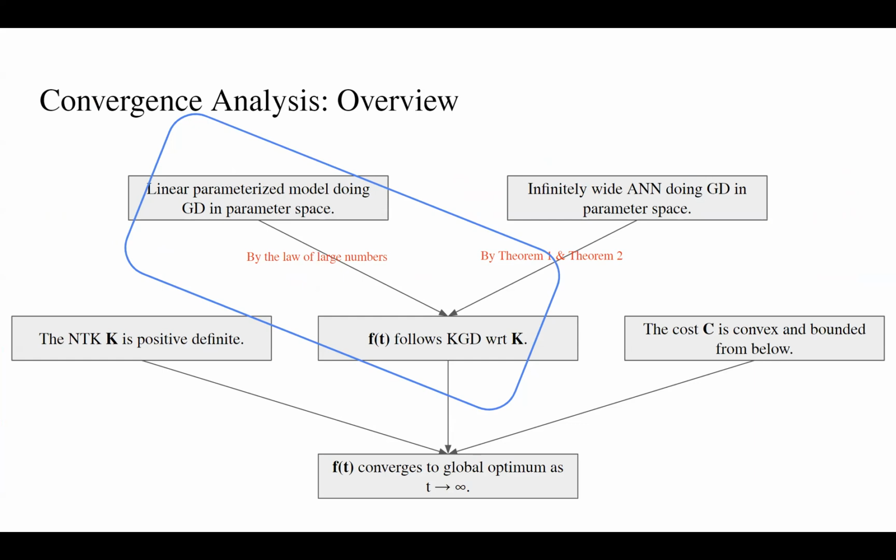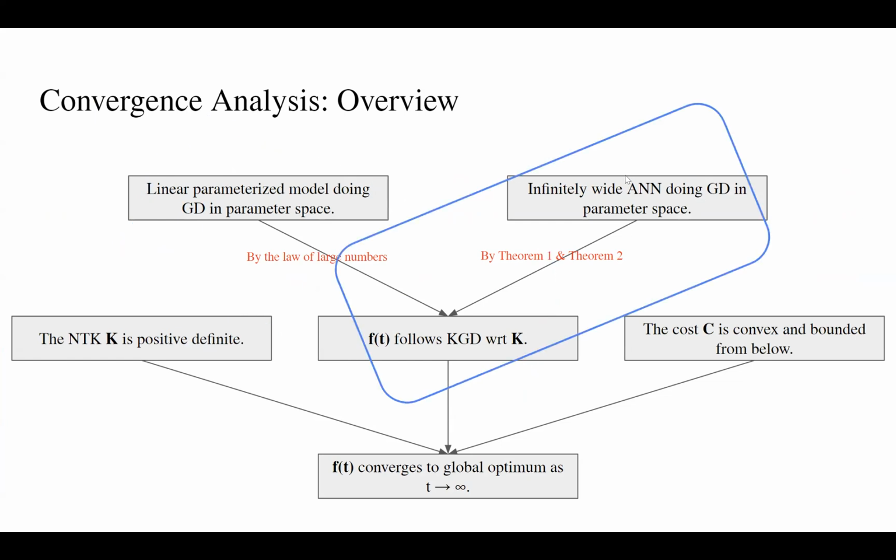And we will show that the linear parameterized model doing gradient descent in parameter space is just equivalent to the FT following the kernel gradient descent with respect to K. But we will talk about this later. And similarly, we'll also show the equivalence here. So the scenario for the linear parameterized model and the infinitely wide ANN can both go back to the base case.